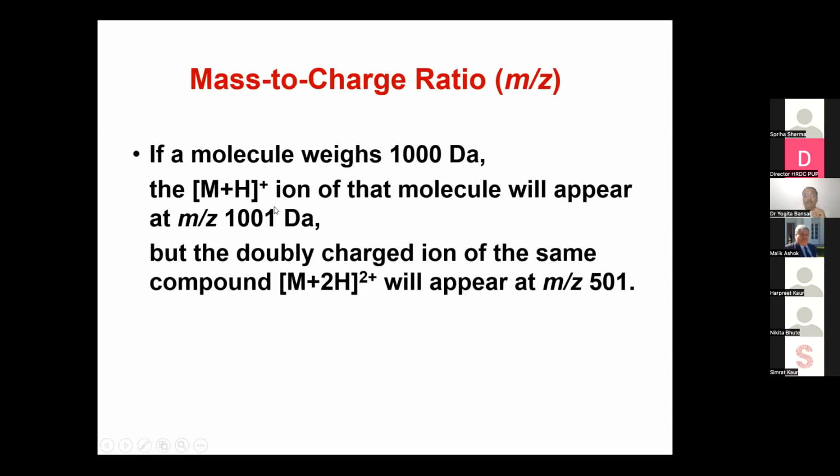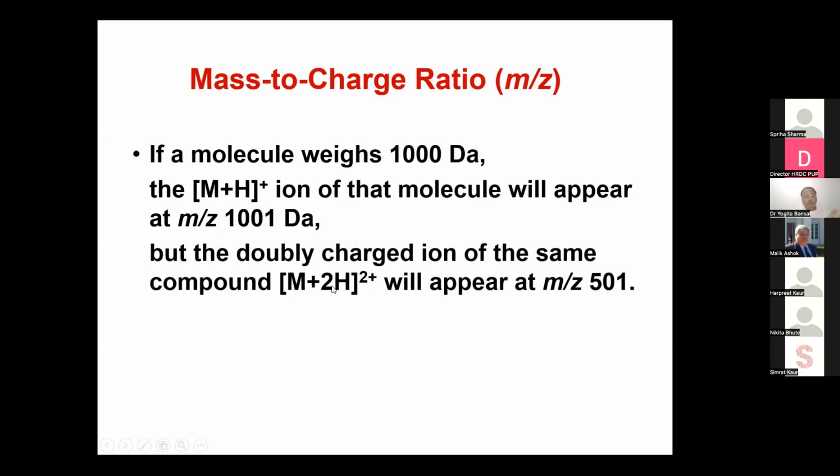But if it has two charges over it, for example, this molecule accepts two protons. For example, in the case of proteins, proteins have multiple proton accepting sites. So they can accept one proton, two protons, three protons, or four protons. Accordingly, they can be singly charged, doubly charged, triply charged, or quadruply charged.